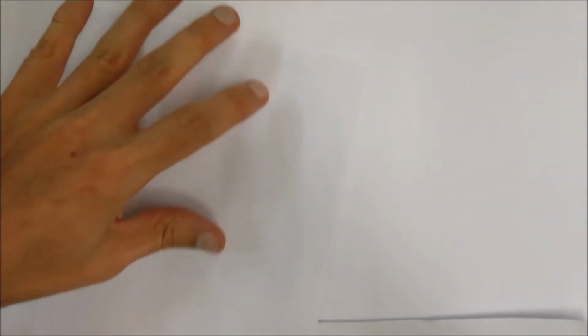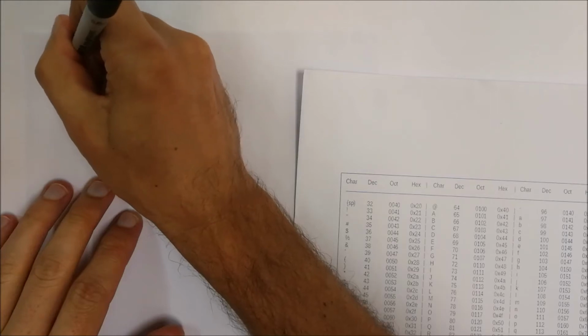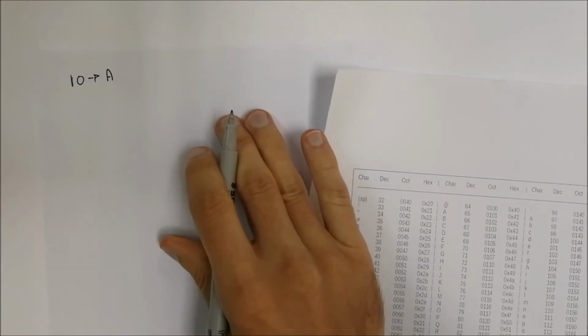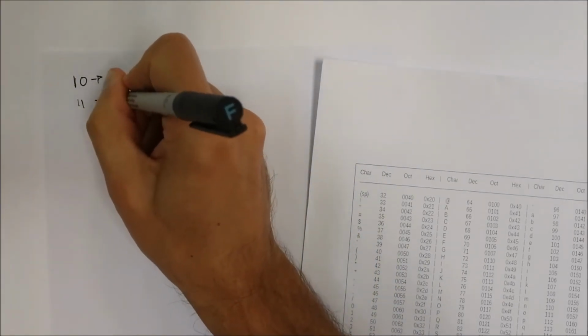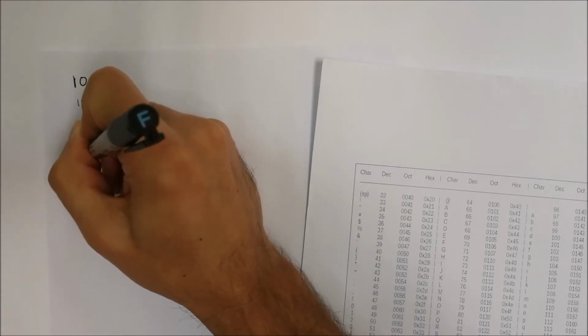a way that we can correlate so that if we get a 10, it will become an A. If we get a 11, it will become a B. All the way up to literally 31.